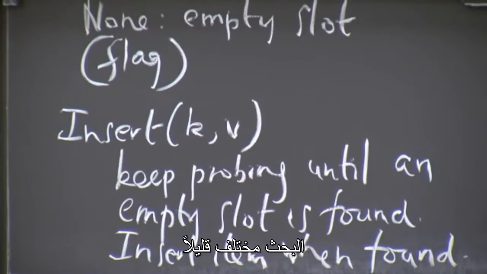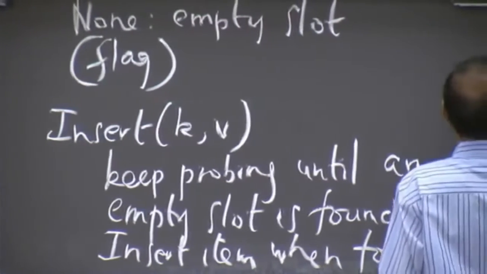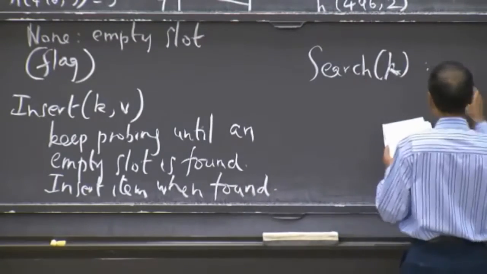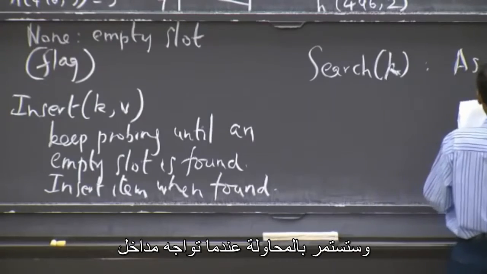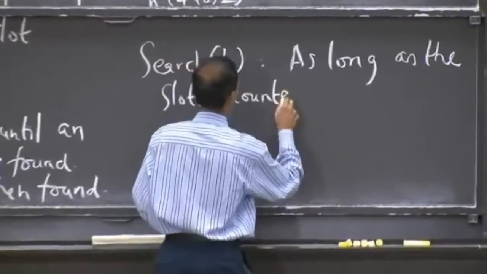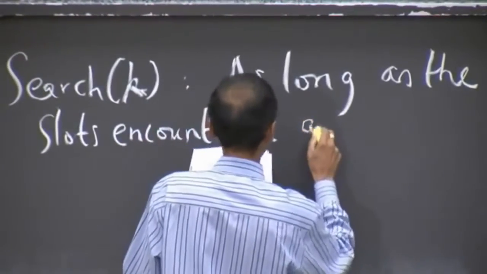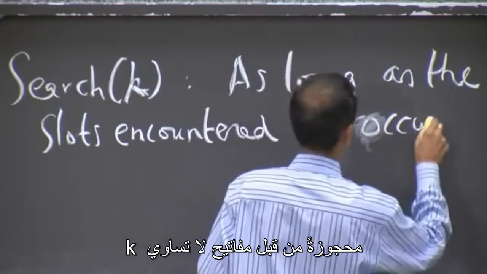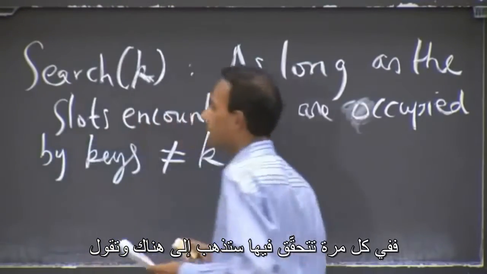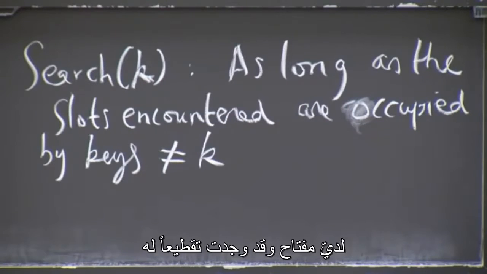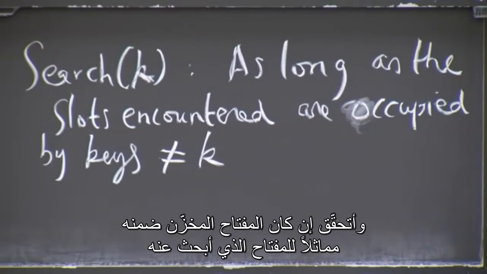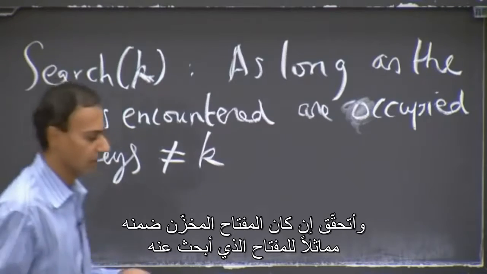Now, search is a little bit different. You're searching for a key K, and you essentially say you're going to keep probing as long as the slots encountered are occupied by keys not equal to K. So every time you probe, you go in there and you say, I got a key, I found a hash for it, I go to this particular slot, I look inside of it, and I check to see whether the key that's stored inside of it is the same as the key I'm searching for.